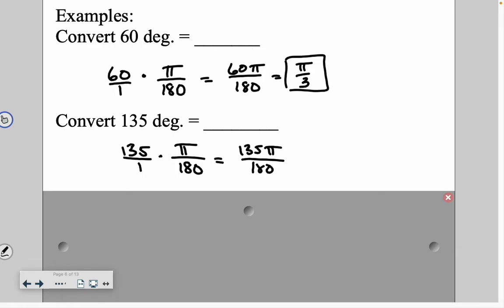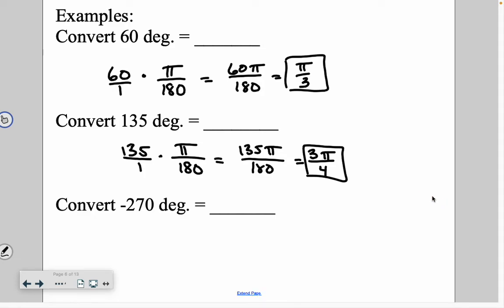And what does that reduce down to if I reduce that fraction? Yeah, it turns out 135 over 180 is 3/4. So we end up with 3 pi over 4. That's the radian measure that goes with 135 degrees.